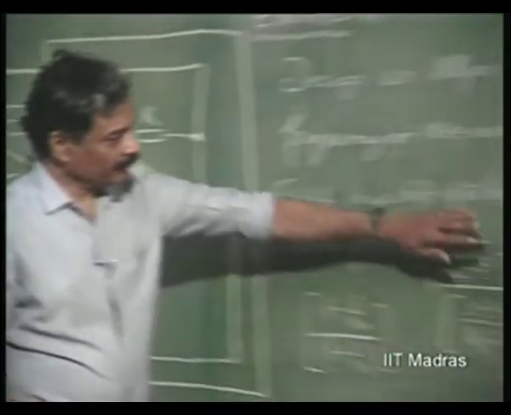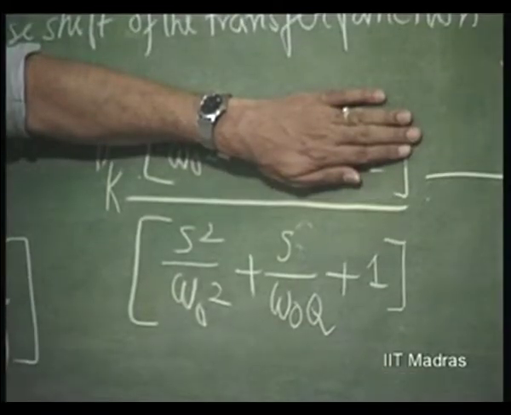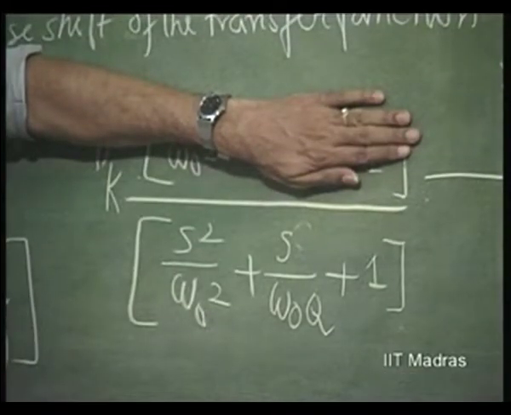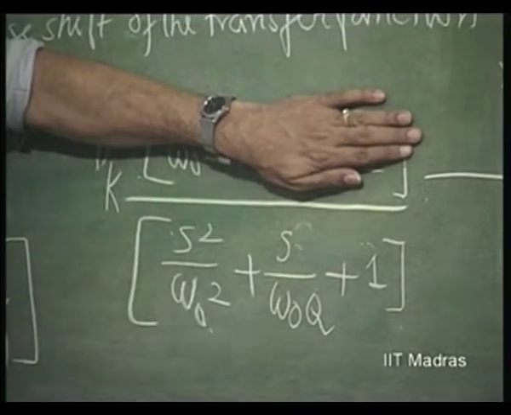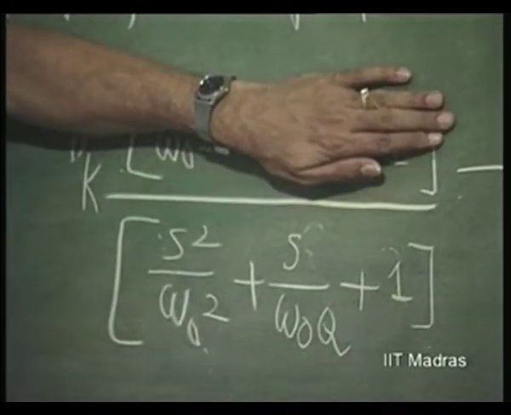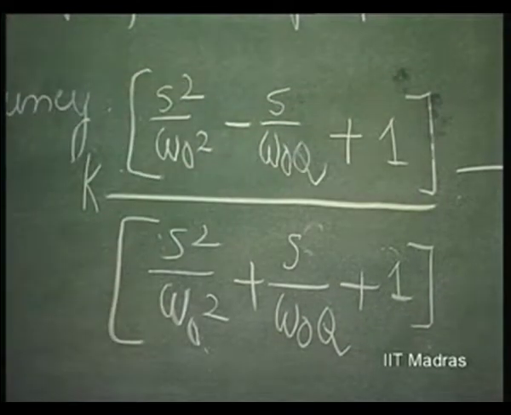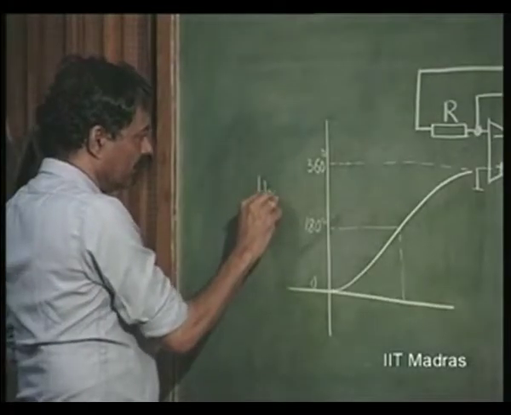and you will note that if this is absent, only due to pole, at s is equal to j omega, omega equal to omega naught, this gets cancelled with this, it is 1 over s, that is phase lag of 90 degrees. Now, this is phase lag actually.